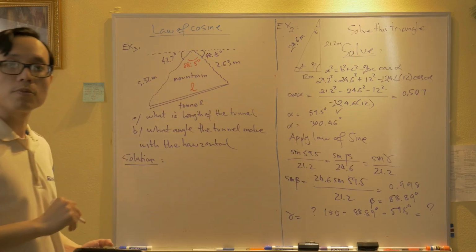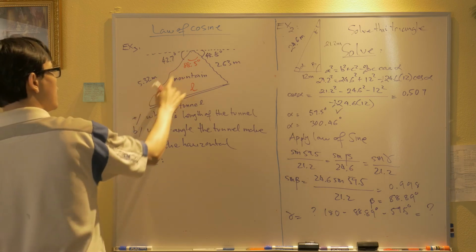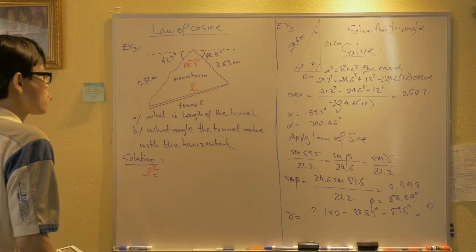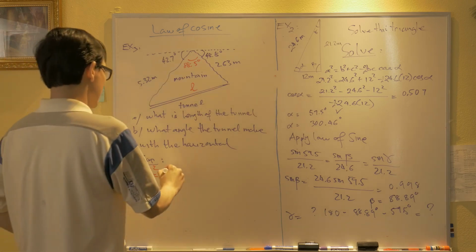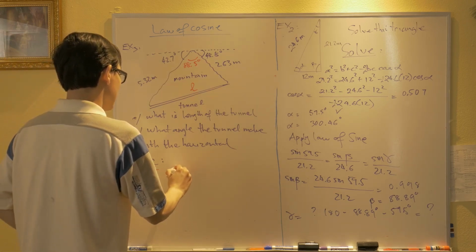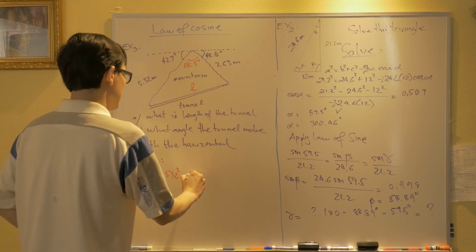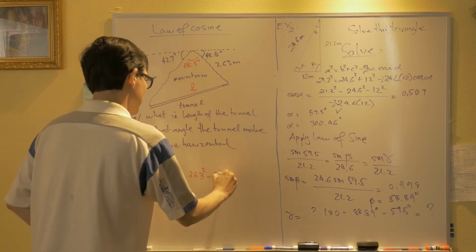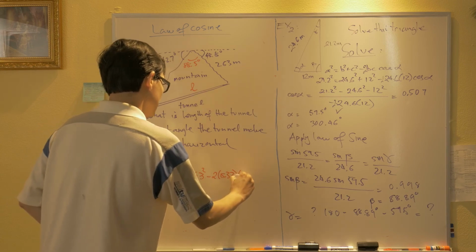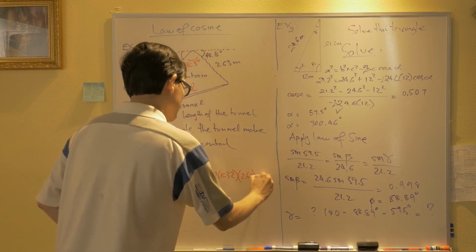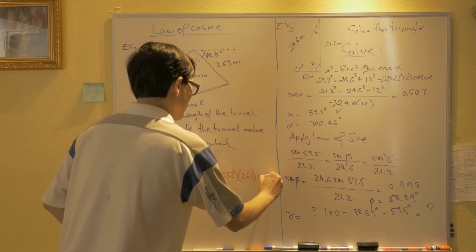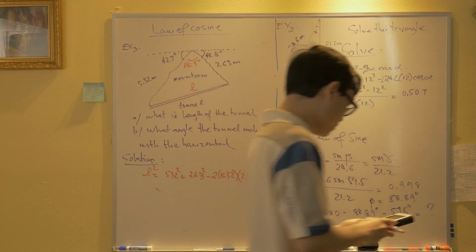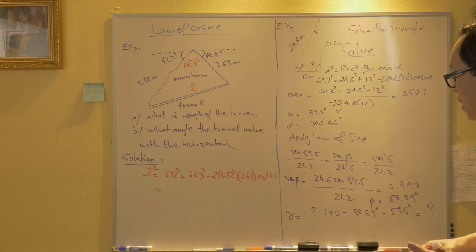Now you can apply the law of cosine because you already know the included angle. So L squared equals 5.32 squared plus 2.63 squared minus 2 times 5.32 times 2.63 times cosine of 88.5 degrees.